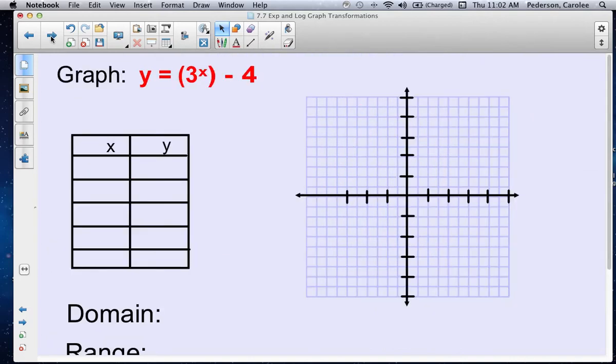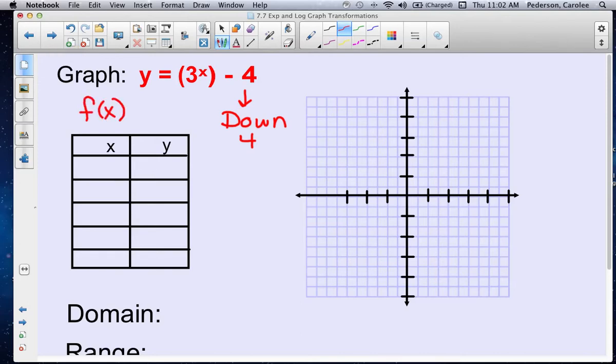Now we're going to go ahead and apply some transformations. So here's a transformation where we are -4. So what this -4 does is it shifts the original, what we call the parent function, down 4. So if you think about its original function, f of x equals 3 to the x.